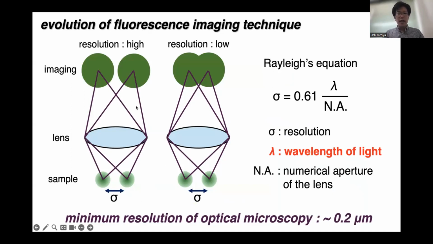In my class, I explained the limitation of the optical microscope. The resolution of the optical microscope is around 0.2 micrometer. The resolution is explained by this Rayleigh equation, and this equation includes the wavelength of light. That's why the resolution depends on the wavelength of light.